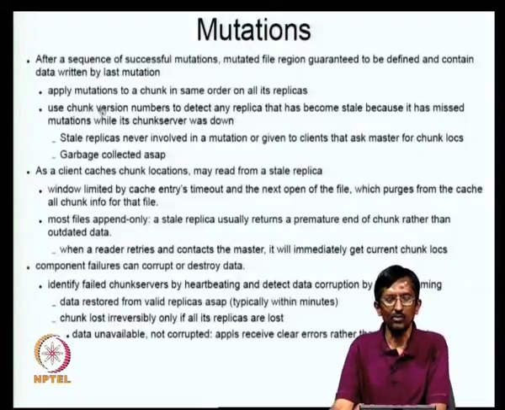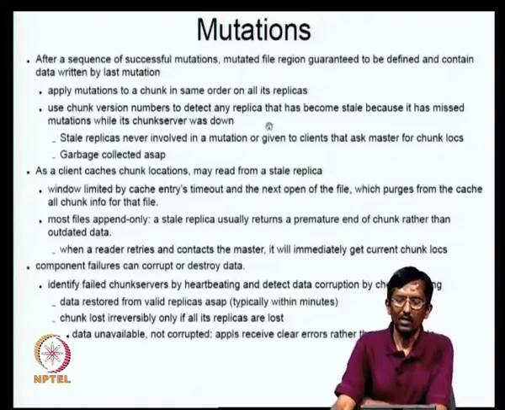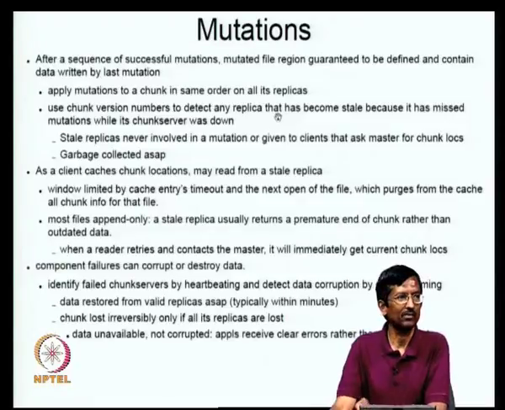So, it also uses something called chunk version numbers to detect any replica that has become stale because it has missed mutations while its chunk server was down. Because there are possibilities of failures, so a replica may become stale because it has missed some changes.